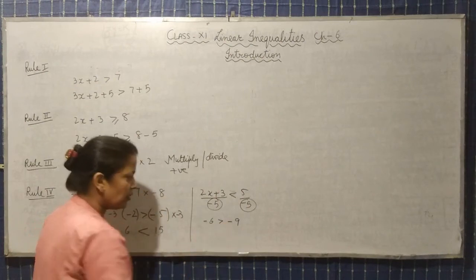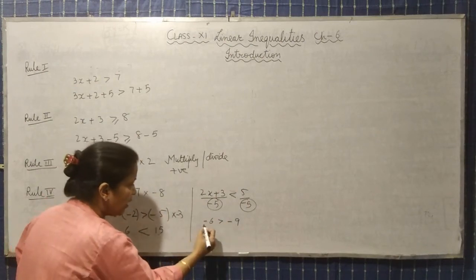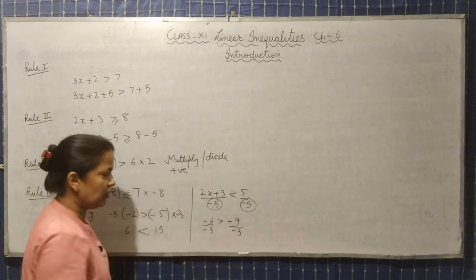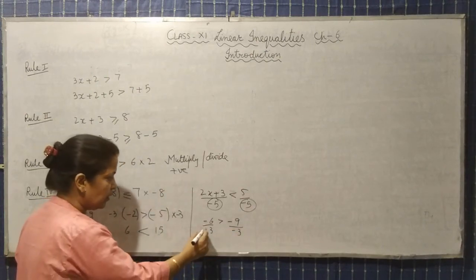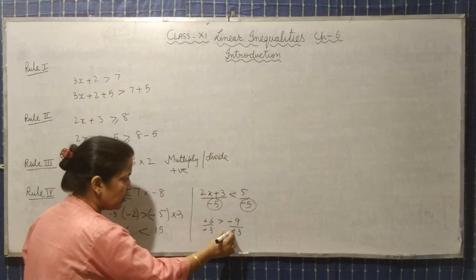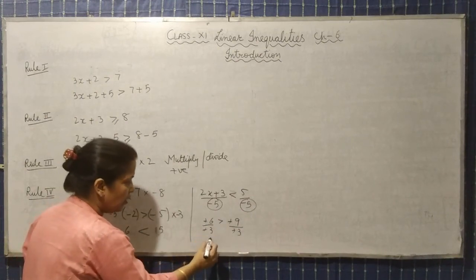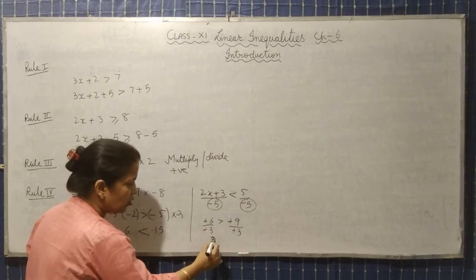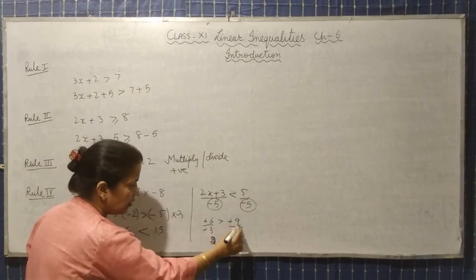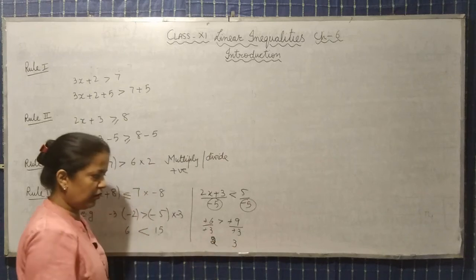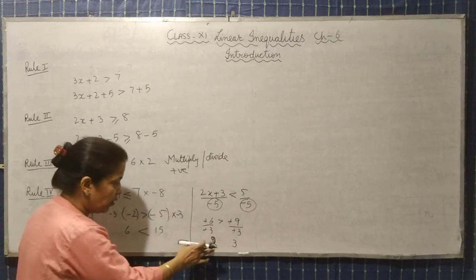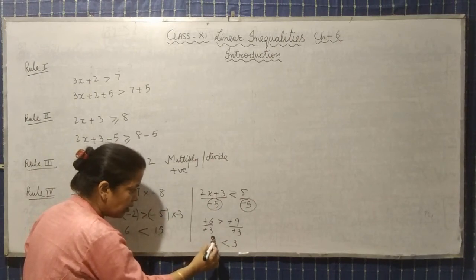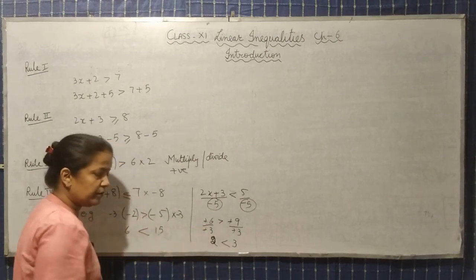No, keep it as this. If we divide it by -3, let's see the result. This cancels, this is also cancelled. So here you will get 3, here you will get 2, and this you will get as 3. So tell me, which one is greater? This is greater. So this sign gets changed, isn't it?